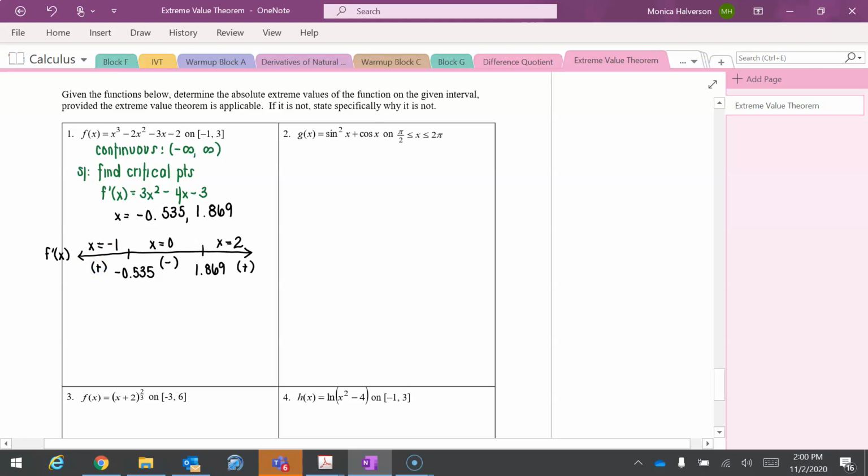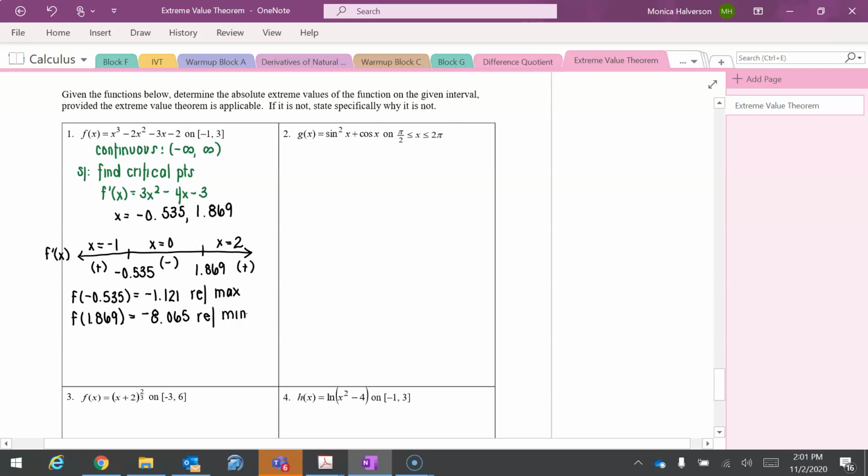So if we find f of -0.535, we get -1.121. And we know that's going from increasing to decreasing, so that's a relative max. When we find f of 1.869, we find that to be -8.065, and that's a relative min because it goes from decreasing to increasing.